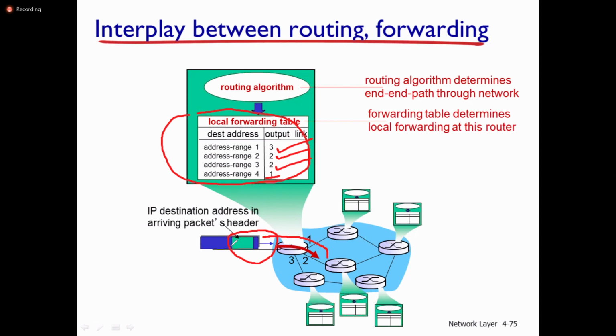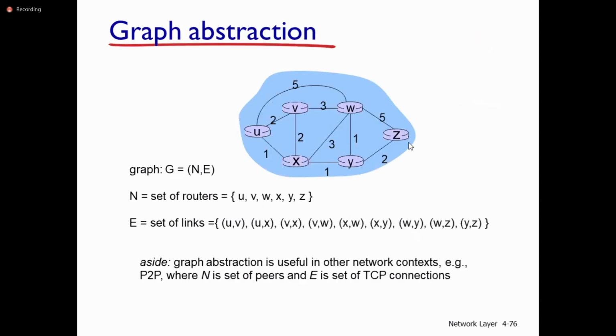The router observes the destination IP address and finds out the range of the address. Based on that range, the packet is handed over to the concerned output link. That is nothing but forwarding, and it is done at the router.